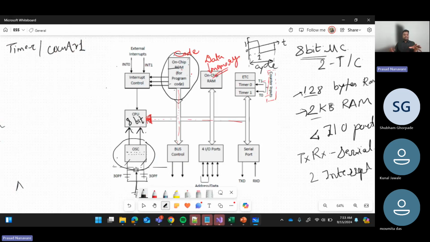We can say wait for this much time and then trigger this signal. Or we can accept the input from the T1 pin of the controller, and say count the number of events happening and then trigger this particular event. Are you understanding the difference here?